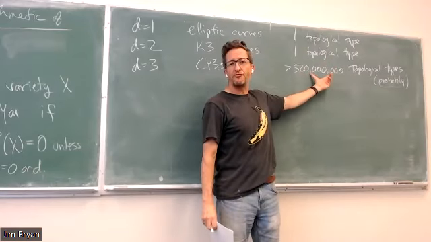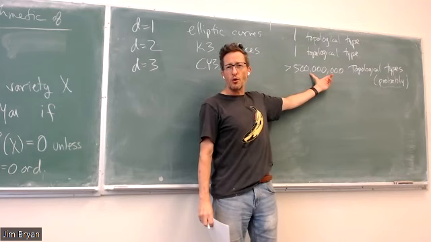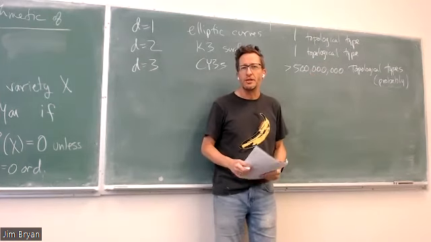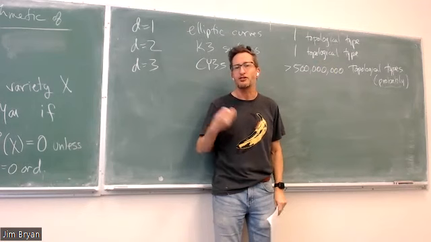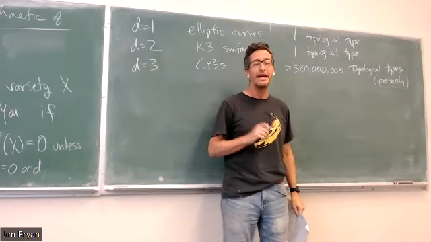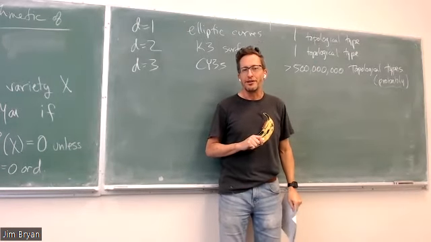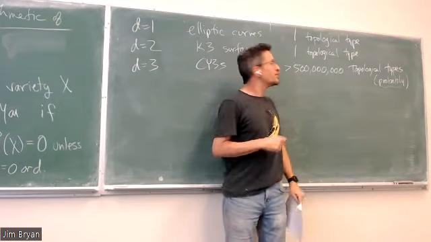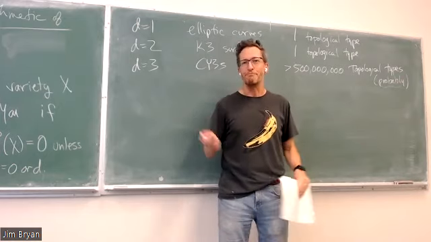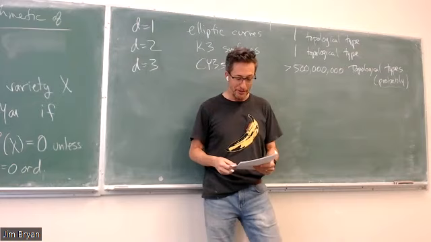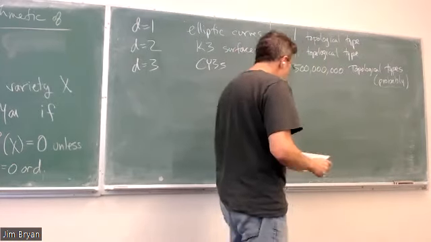The idea that it's finite, but an enormous number like 500 million, is more interesting than if it turns out to be infinite. Miles Reid has this quote, which is, 500 million is so much more impressive than a mere infinity, which I've always thought was a funny way to put it.